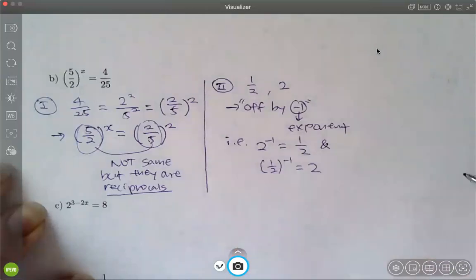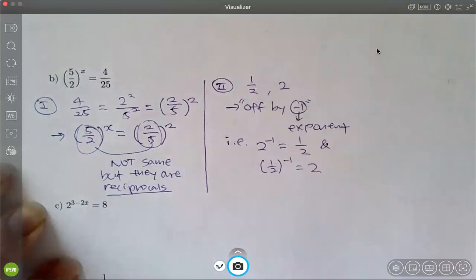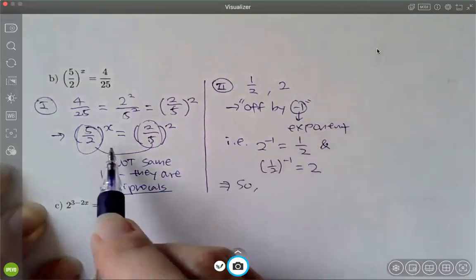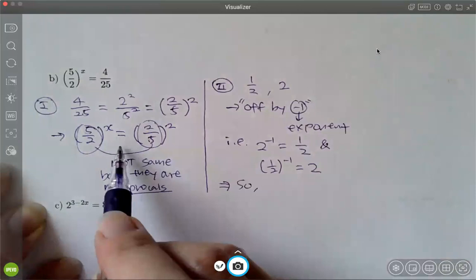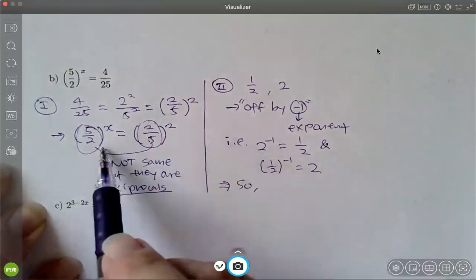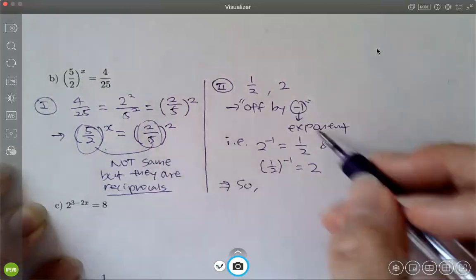So these are related by -1 in the exponent. So from here, 5 over 2 to the x is equal to 2 over 5 to the second power. They are reciprocals, which means these are off by -1 in the exponent.